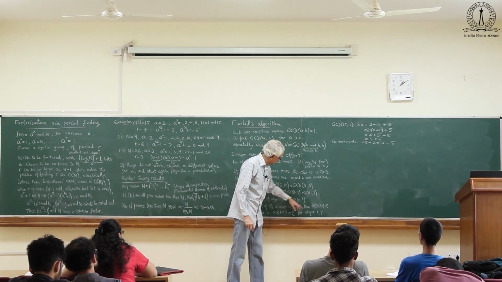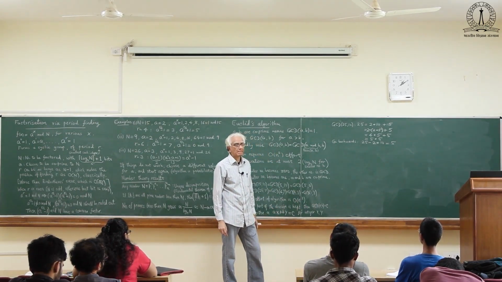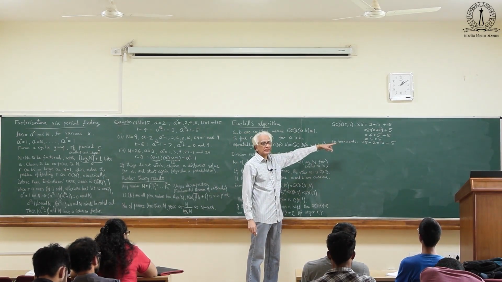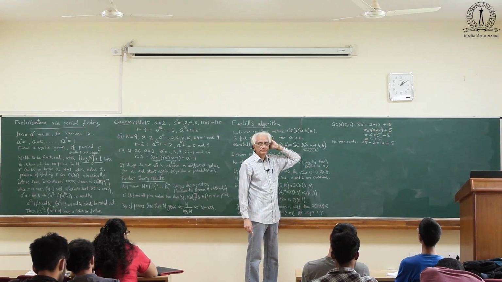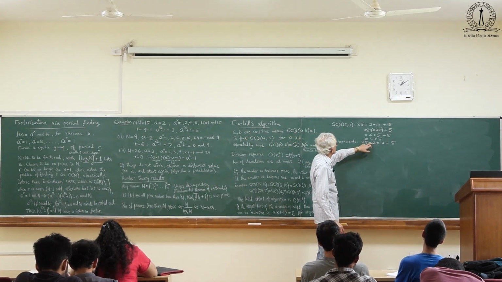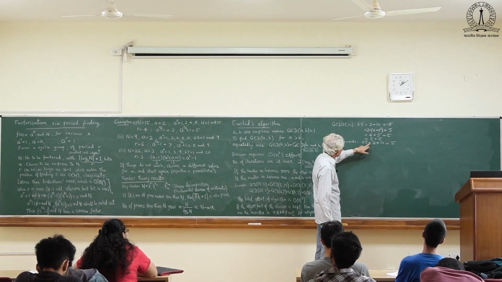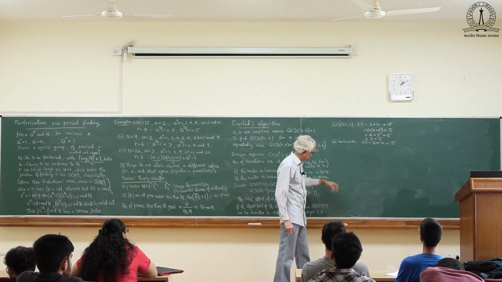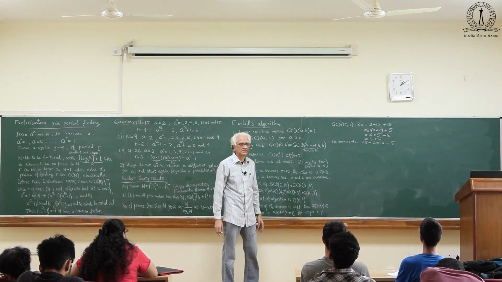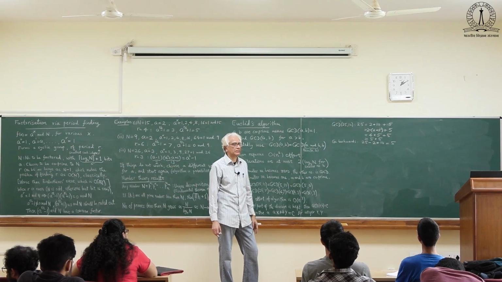So this is equivalent to this. Not only that, the algorithm tells you how to construct it whenever needed. And yes, signs will appear. So x and y can be positive, negative, whatever it is. That can happen.